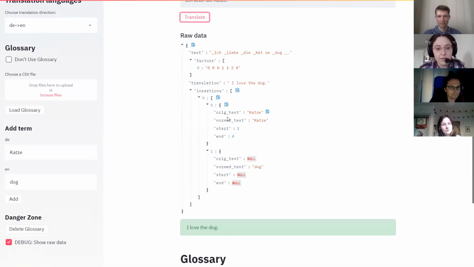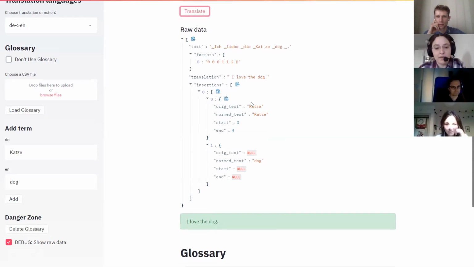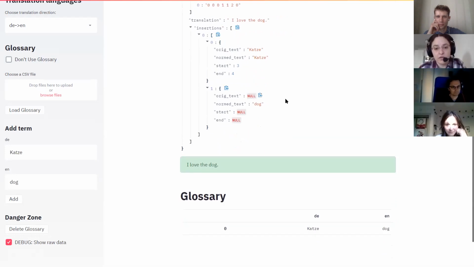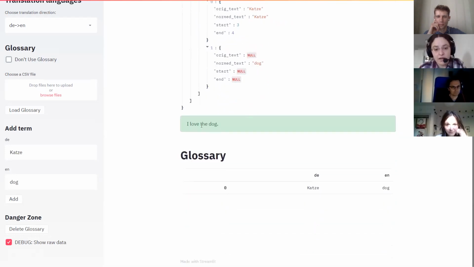Here we can see the subword pieces for the input text. And you can really see ich liebe die Katze, and here is dog. And then here are those factors that I was talking about. So zeros wherever we have just a normal word, 1 for the Katze subword pieces, and 2 for the dog subword piece. And this is just some extra metadata that I have. And you can see it's translating to I love the dog.